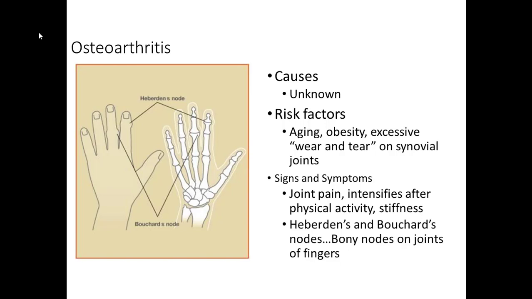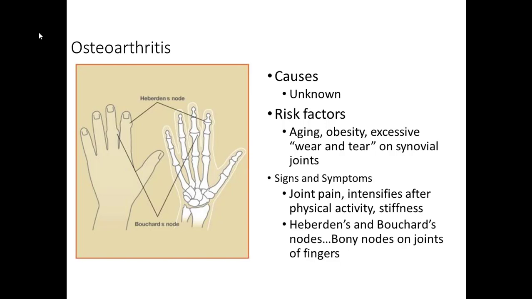Causes, I don't really understand what this means by causes unknown, but it's basically caused when people are obese or elderly, or people who do a lot of manual labor for their job. It's a wear and tear on those joints that causes them to break down.